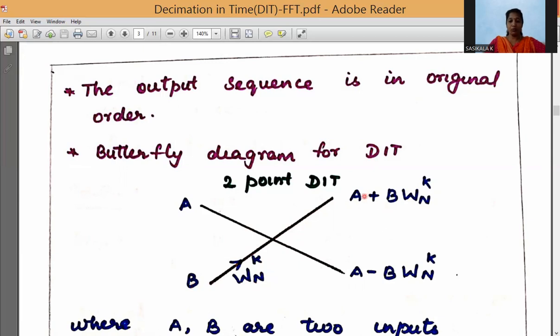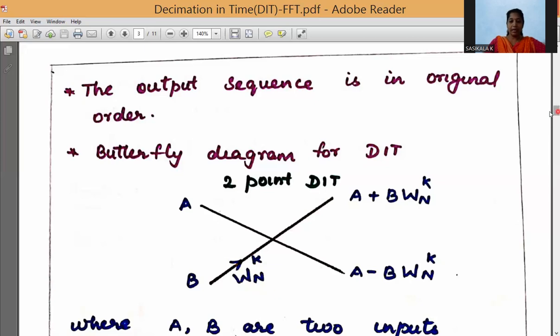So the first output is A plus B into W_N power k, and the second output is the same as the first output, but this plus is replaced by minus. So the second output is A minus B into the twiddle factor W_N power k.